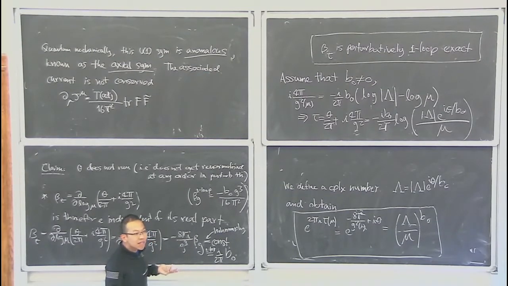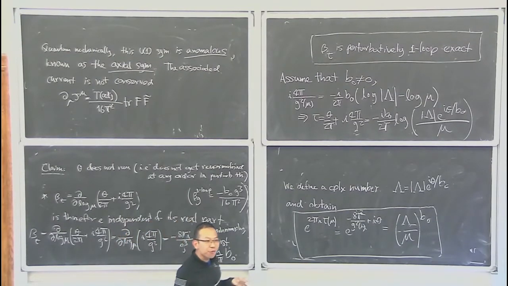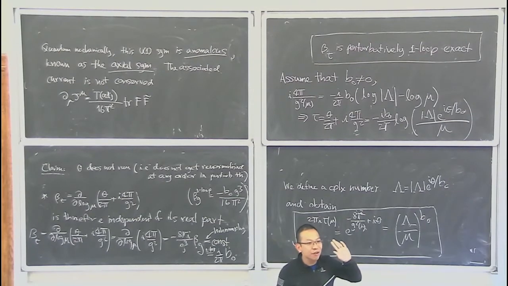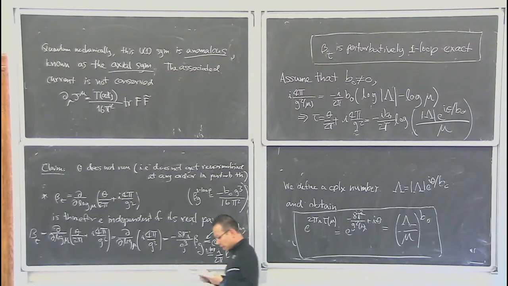For instance, in gauge theory, one loop is g cubed. I just stated that. So, call it whatever you want, okay? Call it g cubed exact.